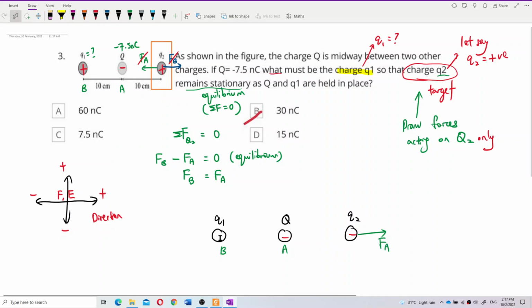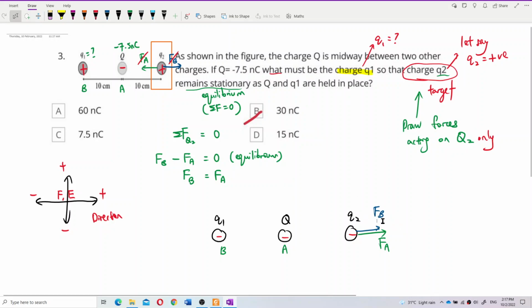What charge should Q1 be? Can it be positive, or can it be negative? Can it be negative? If negative, negative also repels. So FB is also going to the right. So it cannot be.